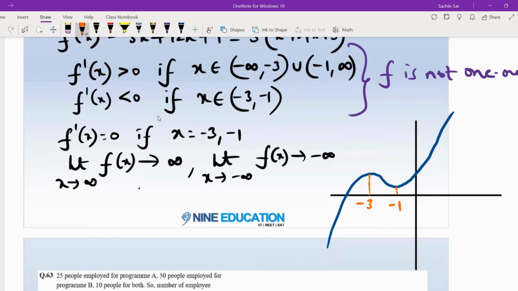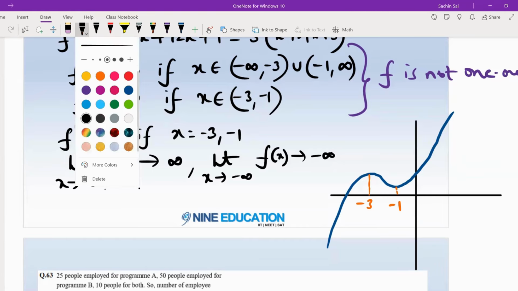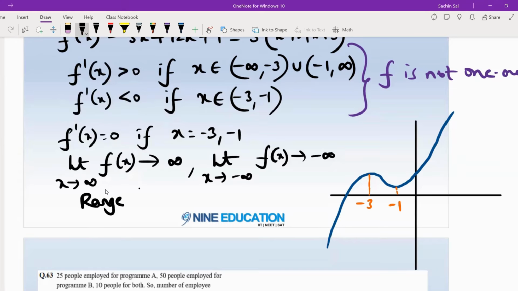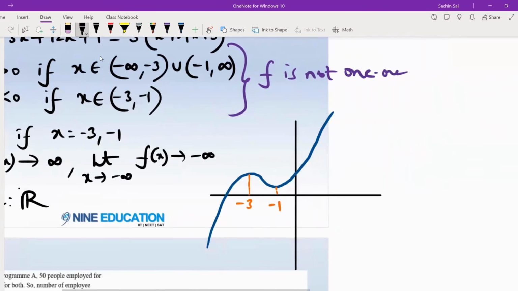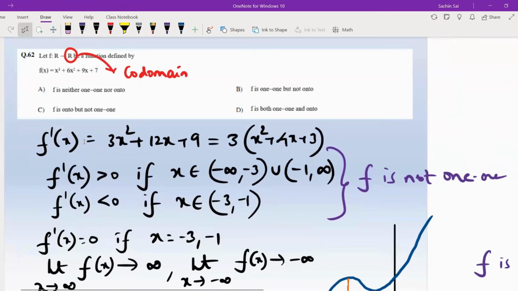And when x is less than -3, f of x is also increasing. So what is the range of the function? Conclusion here is the range is the set of all real numbers. And because the range is the same as the codomain, we can conclude that f is onto, right? So the correct answer is f is onto, but not 1-1.